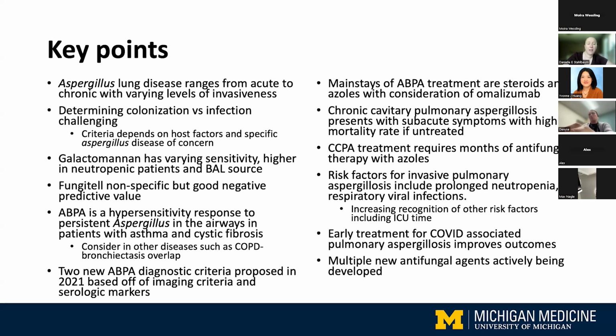Chronic cavitary pulmonary aspergillosis, patients present with subacute symptoms with high mortality rate if untreated and requires months of antifungal therapy. Risk factors for invasive pulmonary aspergillosis include prolonged neutropenia and respiratory viral infections, and there is increasing recognition of other risk factors, including ICU time in this patient population, and early treatment for COVID-associated pulmonary aspergillosis improves outcomes. And there are multiple new antifungal agents actively being developed.